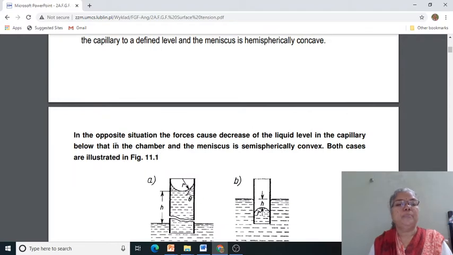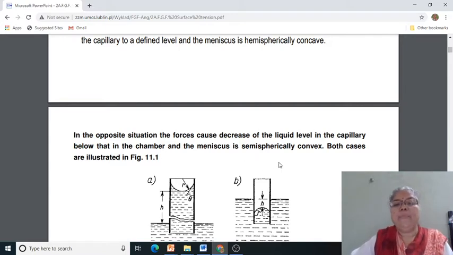In the opposite situation, the forces cause decrease of the liquid level in the capillary. That means when the cohesion forces are greater than the adhesion forces, an opposite picture we have seen.